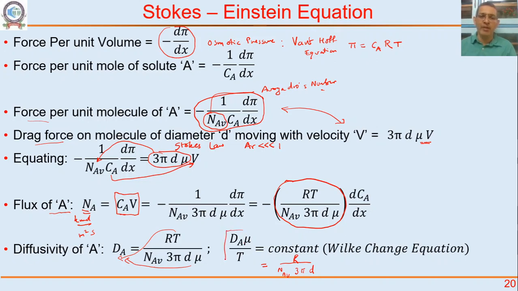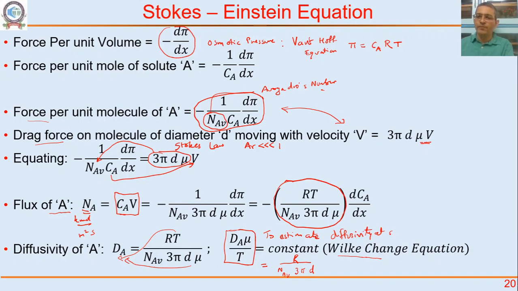And this D_A mu by T being constant, there is another name for it, it's called the Wilke-Chang equation. Later they derived it based on some other principles, some other concepts, but this is what is used very commonly to estimate diffusivity at different temperatures.